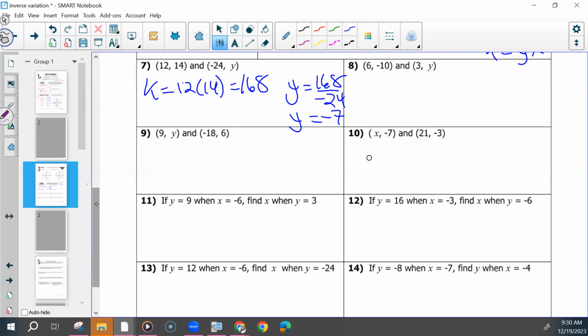For number 10. We are going to multiply two things. What two things? Yes. 21 times -3, so that k is -63. Then we're going to use the other ordered pair, so this happens to be the first one this time, to solve.